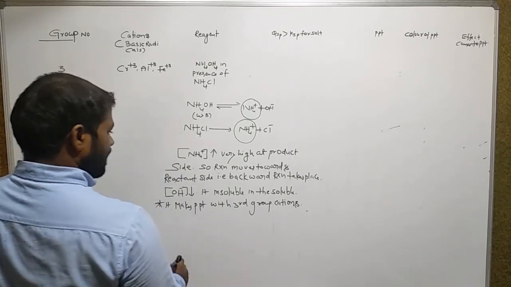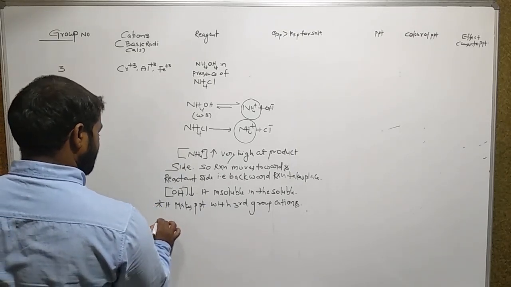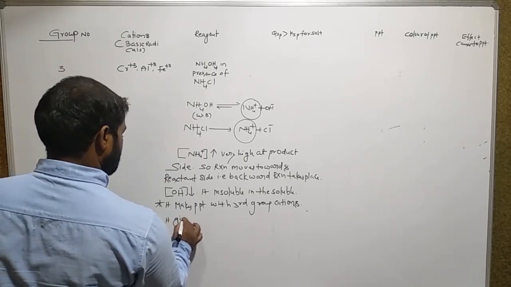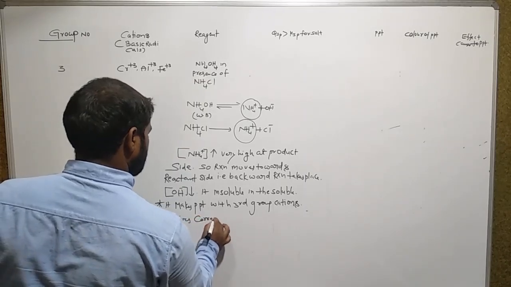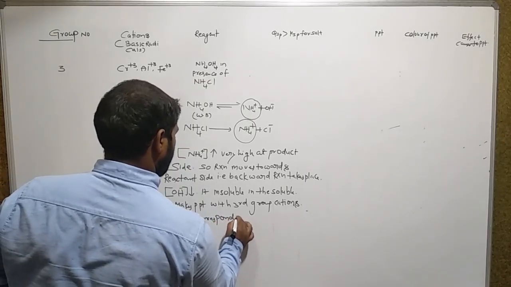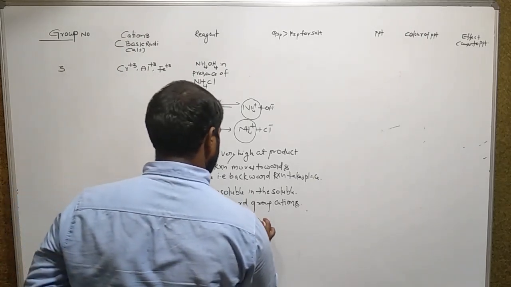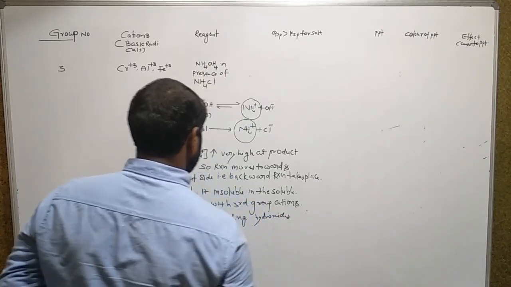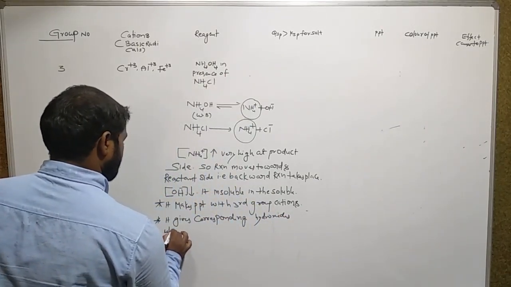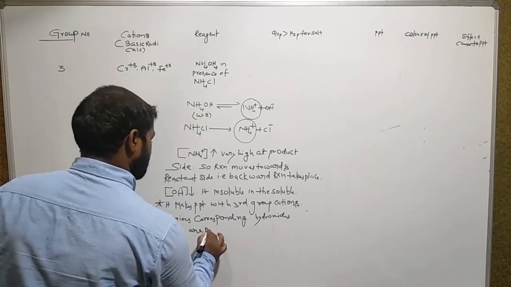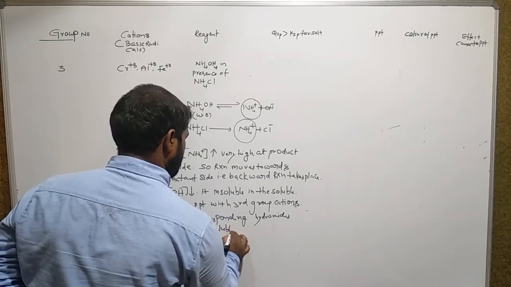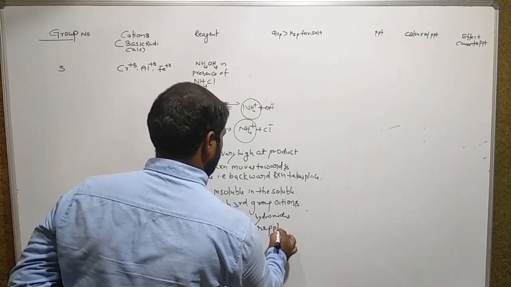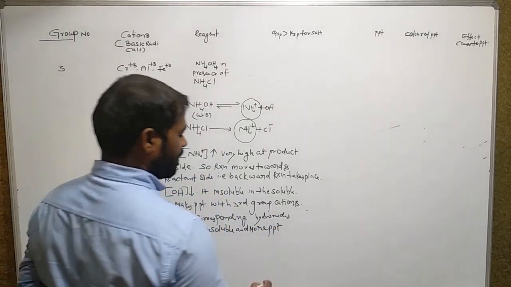Now it makes corresponding hydroxides, which are insoluble and more PPT, due to which effect? Due to common ion effect.